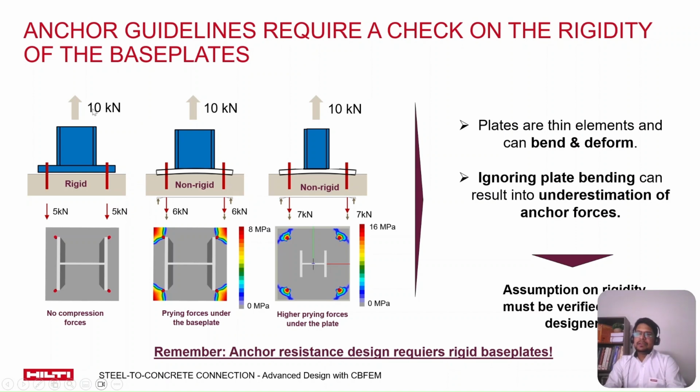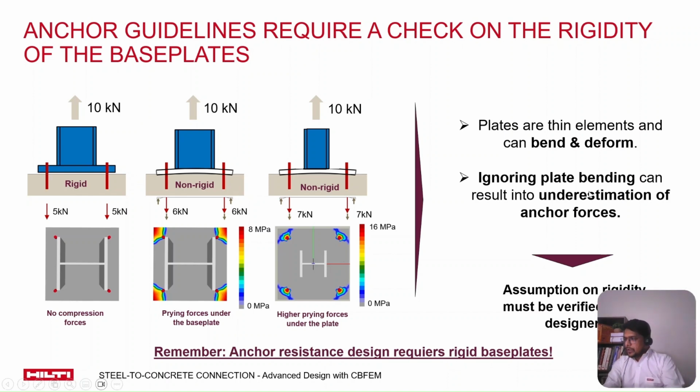Here you can see the 10 kilonewton load is applied, and that's divided equally into the anchors in case of rigid, but in case of non-rigid base plates, depending upon how flexible the base plate is, this can go to even increase up to 6 or 7, depending basically on the flexibility of your base plates.